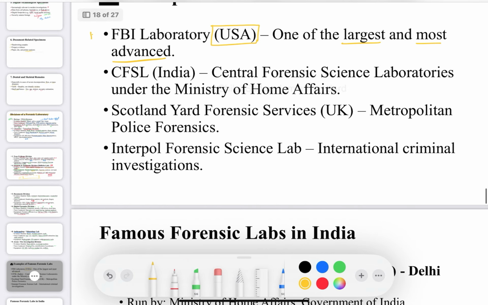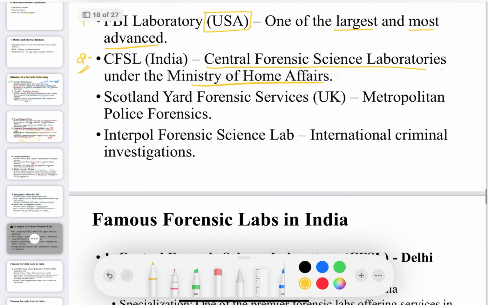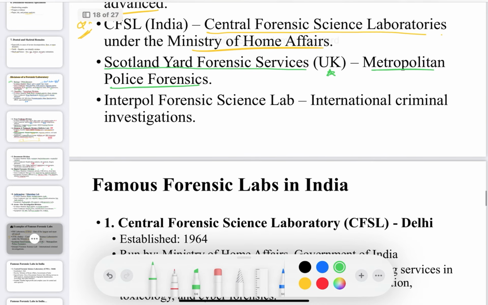Second one is CFSL, Central Forensic Science Laboratories under the Ministry of Home Affairs, mainly present in India. It can be asked in the MCQ as well. Third one is Scotland Yard Forensic Science, mainly in the UK, Metropolitan Police Forensics.